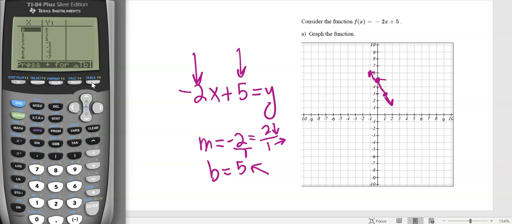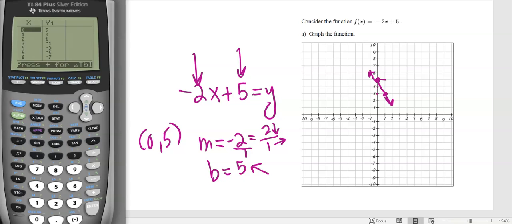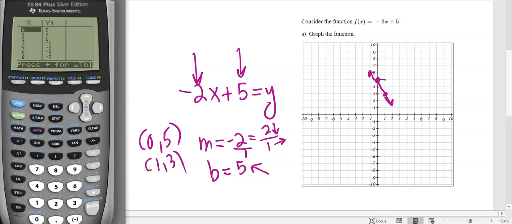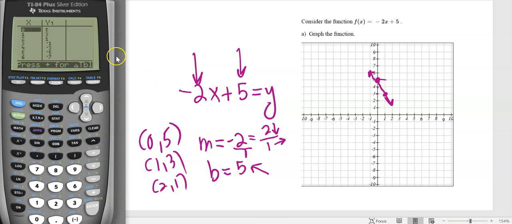And there I have some ordered pairs now. So I could use 0, 5, which was one I saw. Put another one up there. I could use 1, 3. I could use 2, 1. So you can see I'm getting these from my calculator. So these are ordered pairs, and I could just choose any 2 and I can graph from there.